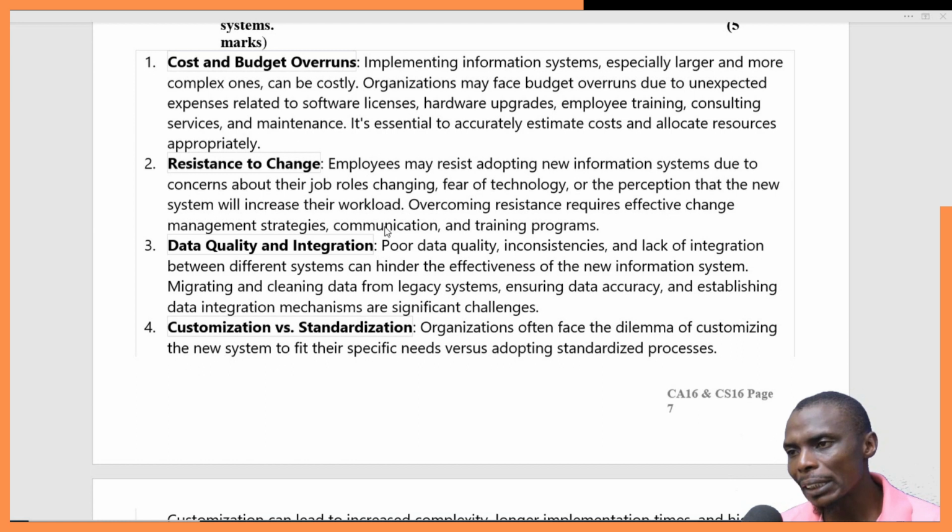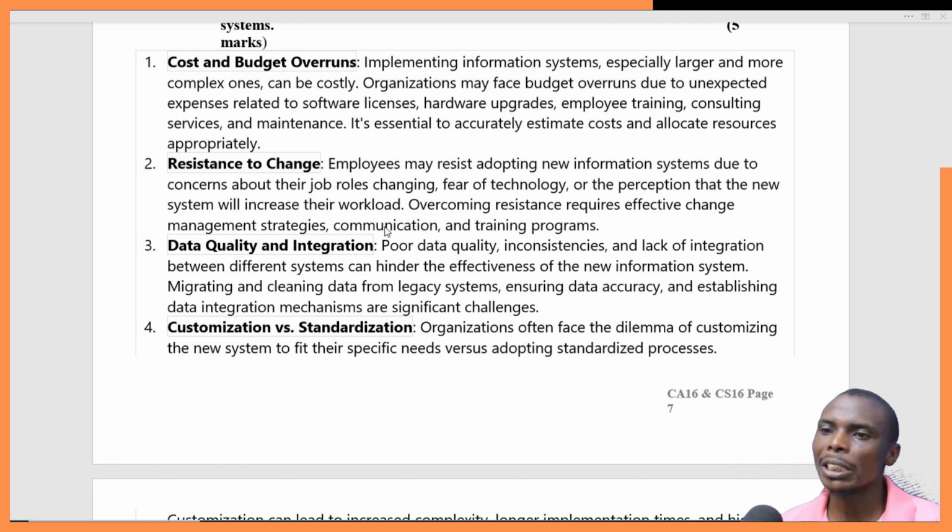Poor data quality or inconsistencies, and sometimes even lack of integration between different parts, will make the information system very ineffective. And when you need to migrate from the older system to the new system, sometimes you find that there is no benefit, or very little benefit, gained from the new system because of the quality.